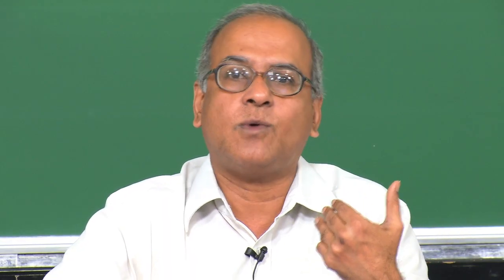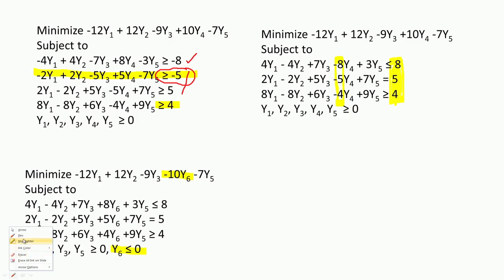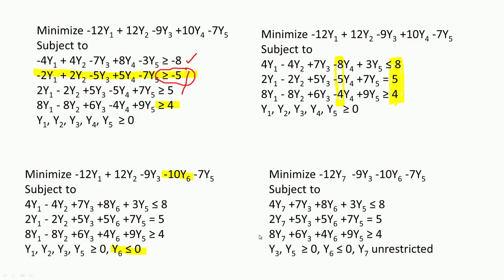So we introduce a y7 which is an unrestricted variable, and now we have minimize minus 12y7 because y1 minus y2 is the unrestricted variable, minus 12y7 minus 9y3 minus 10y6 minus 7y5, and more importantly we have all the constraint coefficients now as positive numbers.